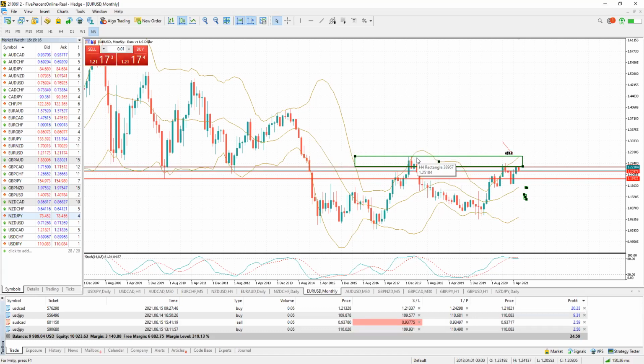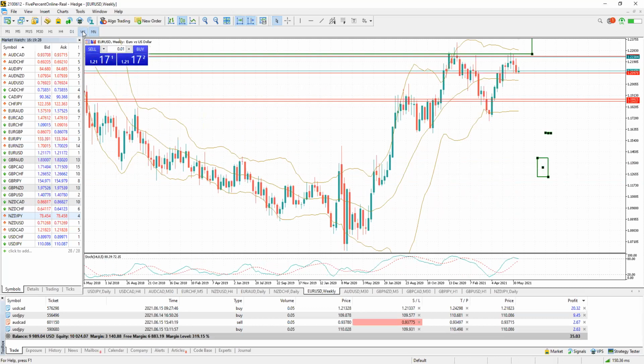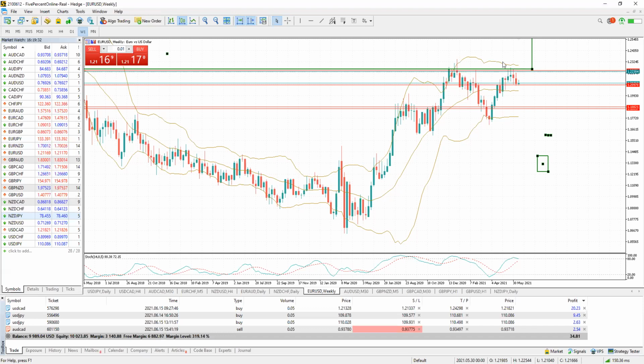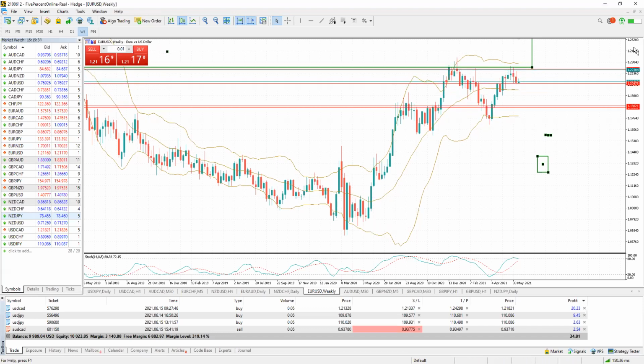So I think you have to check at the macro what is going on, and maybe you think that the dollar will still go down regarding the inflation and the value and everything. But on a technical aspect, it's really difficult to make a long swing trade here.